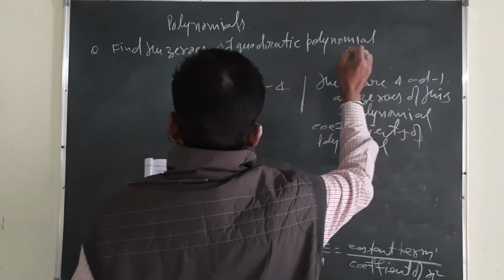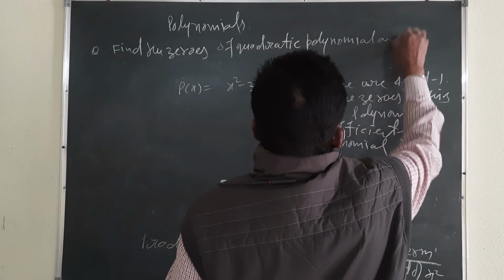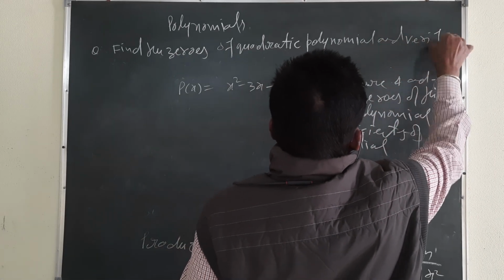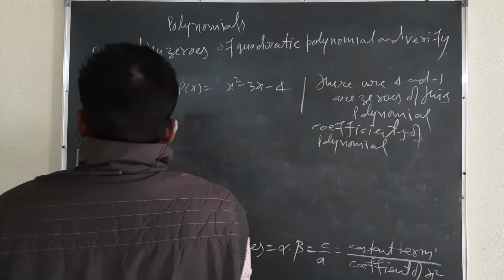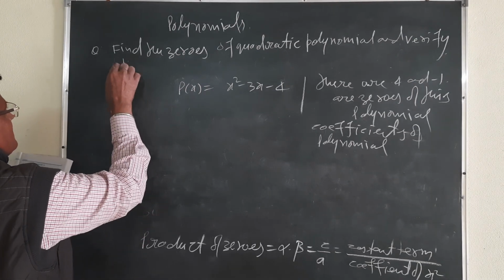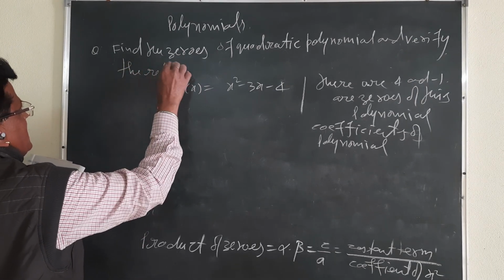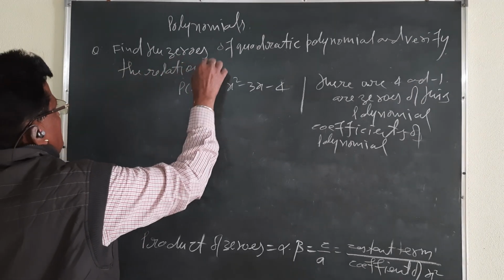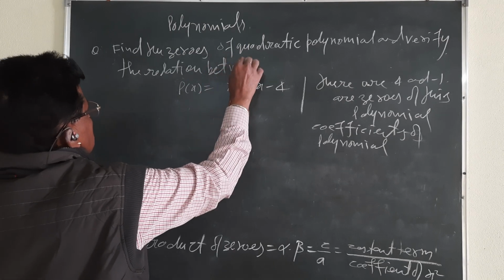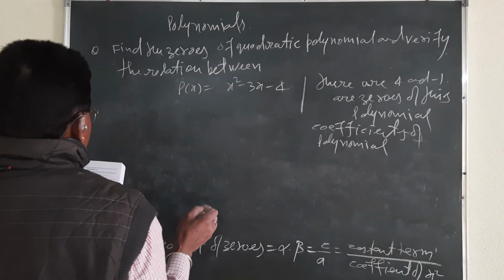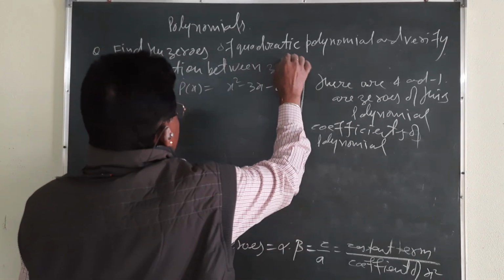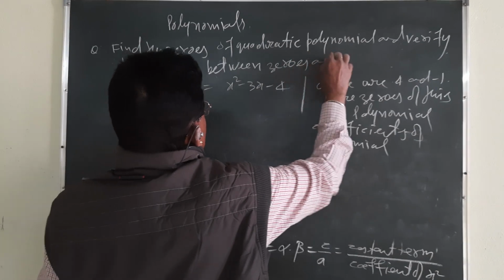Find the zeros of the polynomial and verify the relationship between zeros and coefficients.